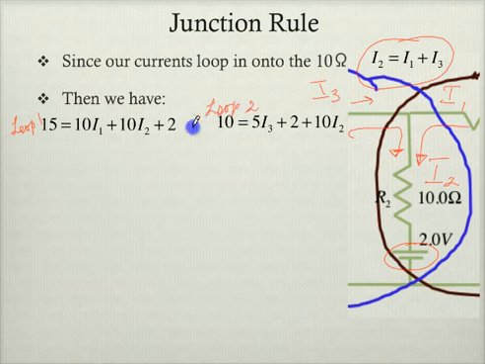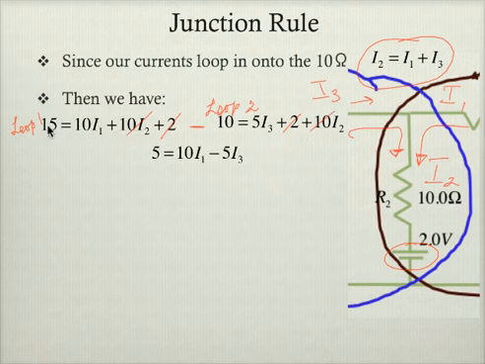And what I'm going to do, I'm going to subtract one equation from the other. Doing this, I'm losing 2, and I'm also losing 10I2 and 10I2, which brings me to 5, which is 15 minus 10, 10I1 minus 5I3. Again, I subtracted one equation from the other.